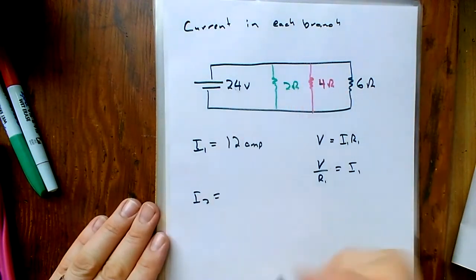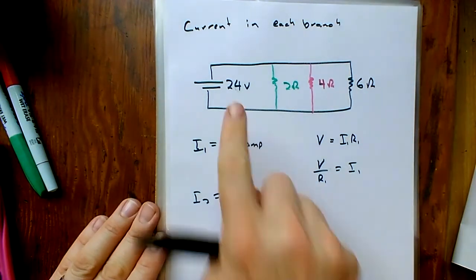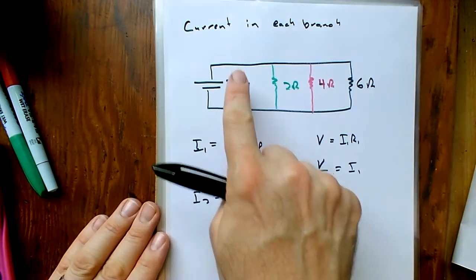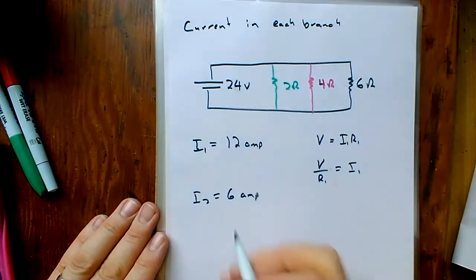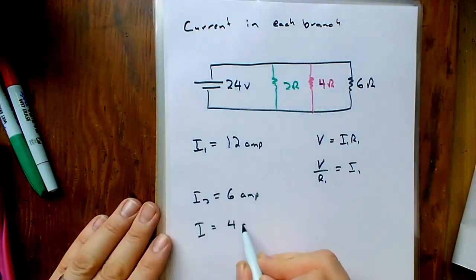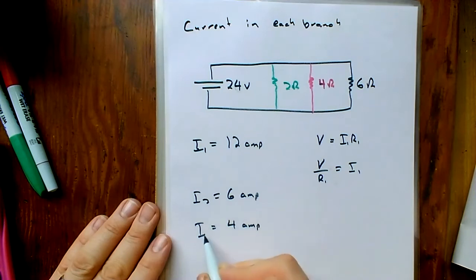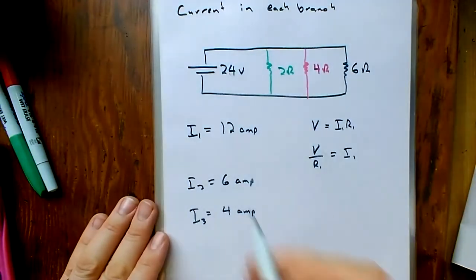It'll be 24 divided by 4, which is 6 amps. I'd have even more resistance in this last one. 24 divided by 6 would be 4 amps. So here I've got the current in each branch.